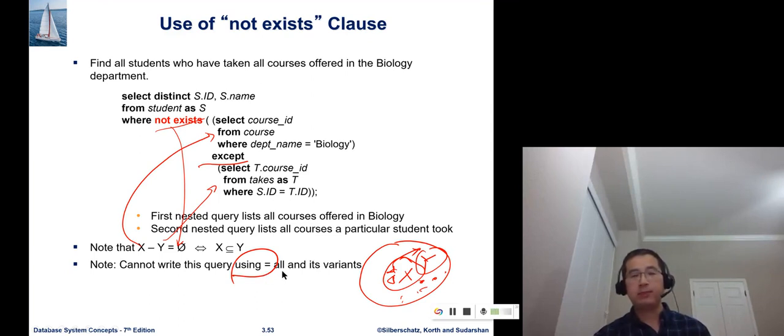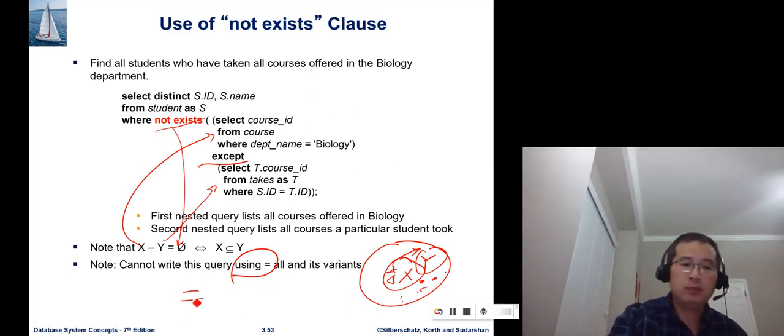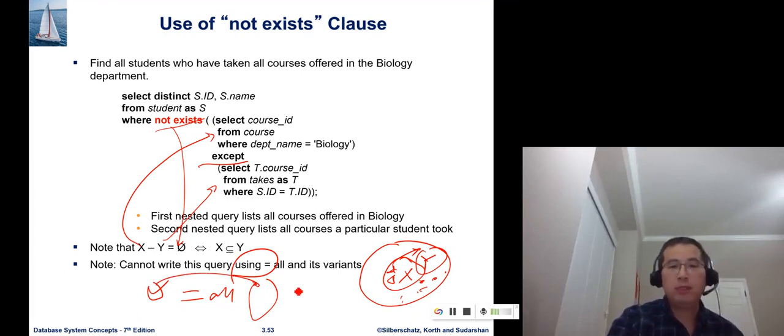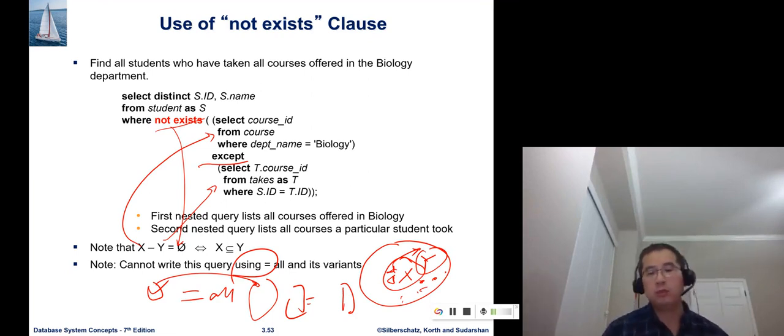Equal to all means a member is equal to a set. This one is equal to all of them, but you cannot compare two sets with equal to all. So we have this problem. We cannot use equal to all or anything like this.